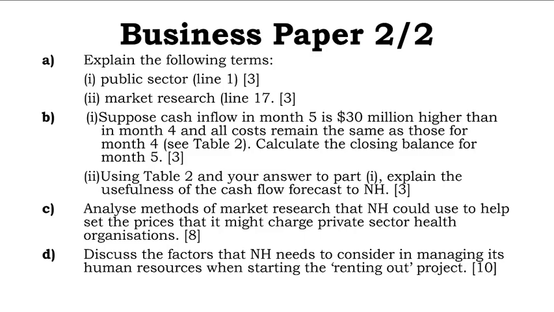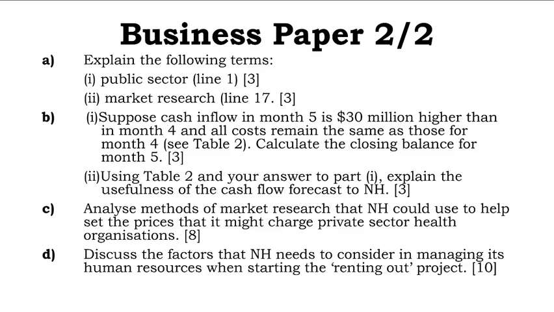So first of all we need to find total cash inflow. It is said that the cash inflow for the fifth month is 30 million higher. For the fourth month it was 20, so for the fifth month it will be 20 plus 30, which is 50 million. While the other outflows or costs are the same, like 7.